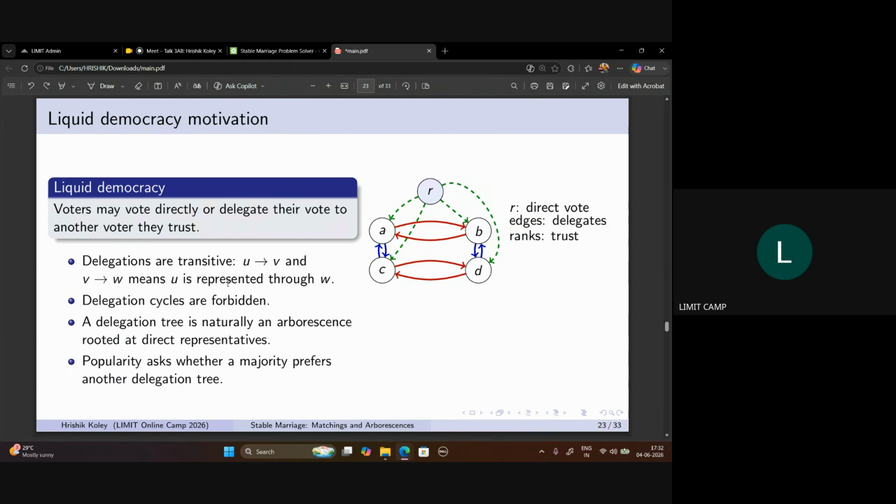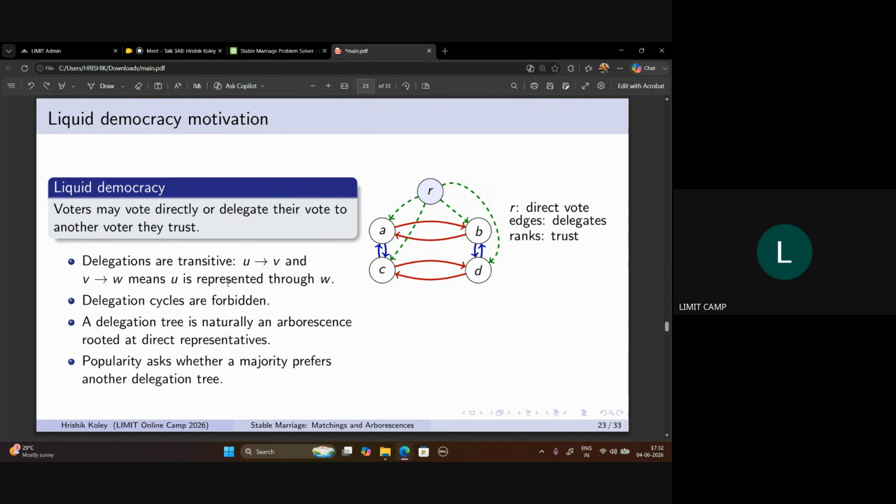So I said it's useful in democracy, but it's more useful in what we call a liquid democracy. A liquid democracy is a concept where each voter may go to vote directly, as we normally do in our elections, or they might delegate their vote to another voter they trust. For example, there's this person A, I go to him and say, you can just go ahead and give my vote for this election.